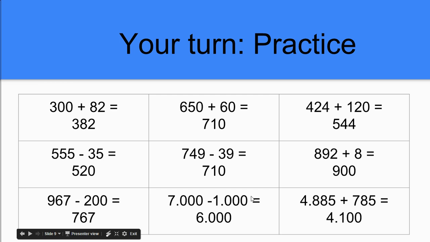Menos 1000 son 6000. 424 más 120 son 544. 892 más 8 son 900. 4885 más 785 son 4100.